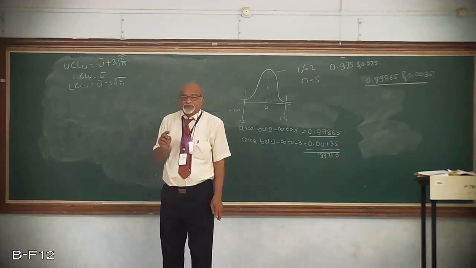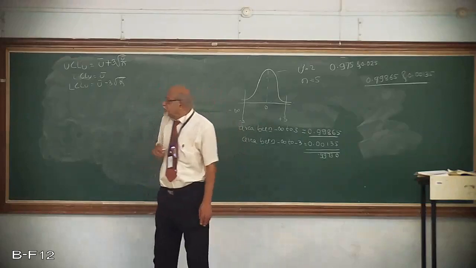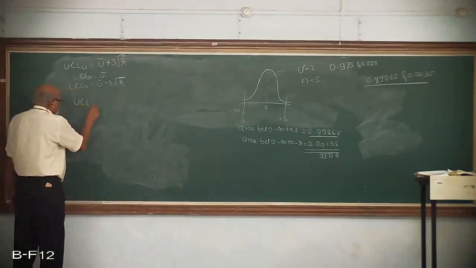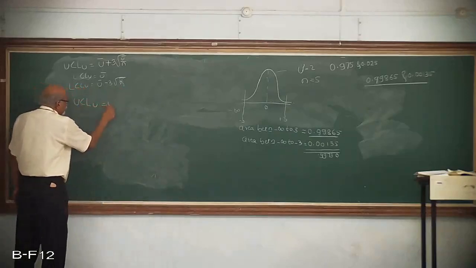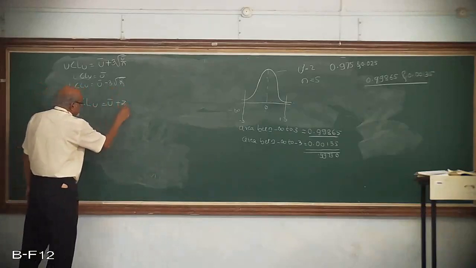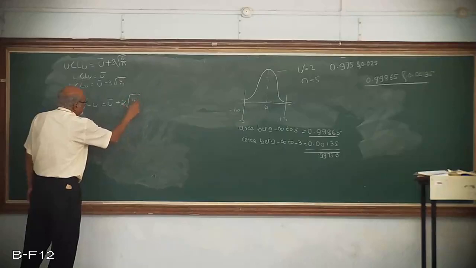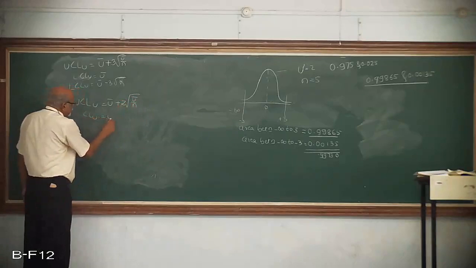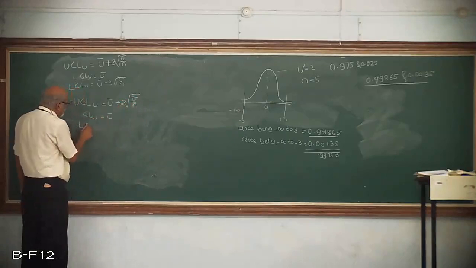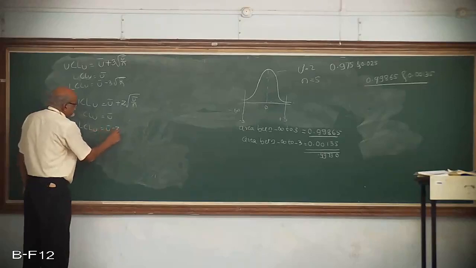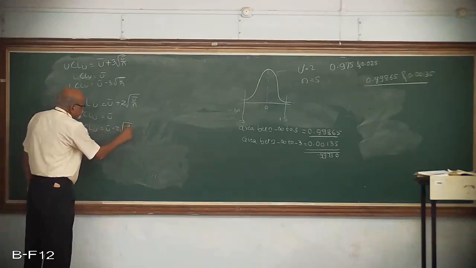If I write it in general, the upper control limit for the U chart is U bar plus Z times the square root of U bar by n. The center line is U bar. The lower control limit is U bar minus Z times the square root of U bar by n.